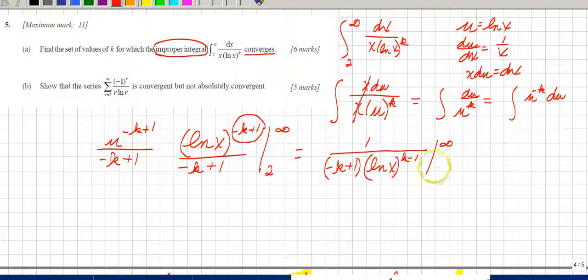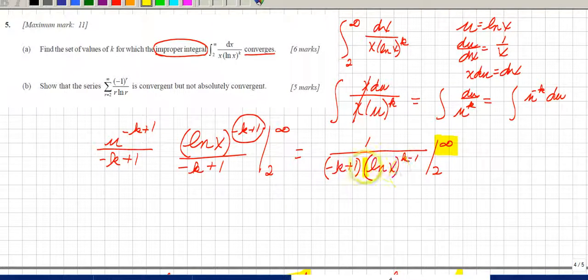Now, on this improper integral, we want to think what value of k is going to make this whole thing equal 0 as you go to infinity. All right, so this just takes a little thought. Well, let's see. If that's going to go to 0 as you go to infinity, that means that the denominator has to be getting larger and larger and larger.